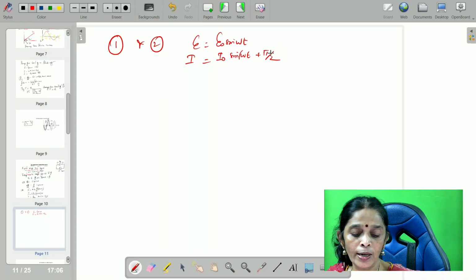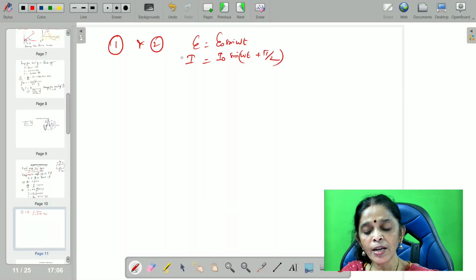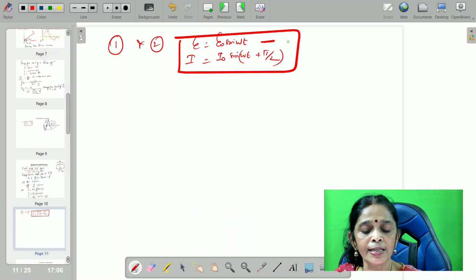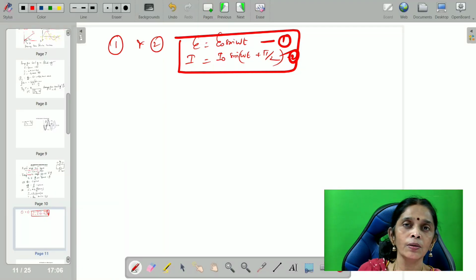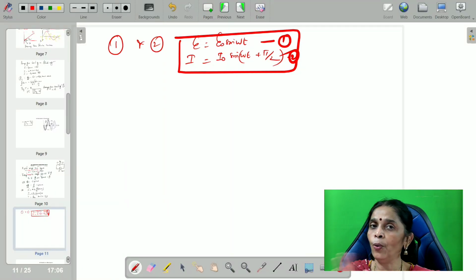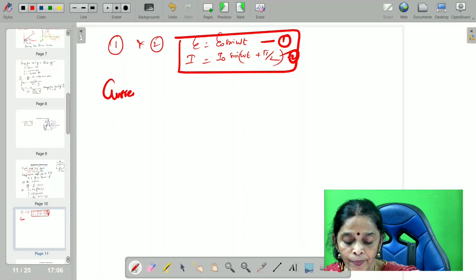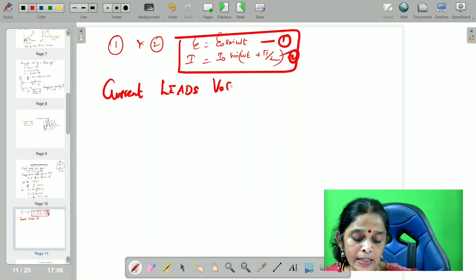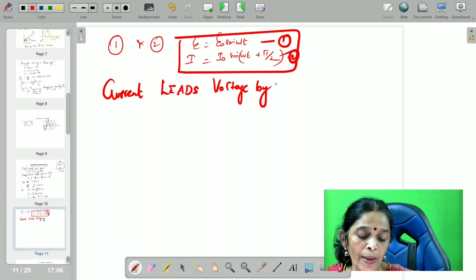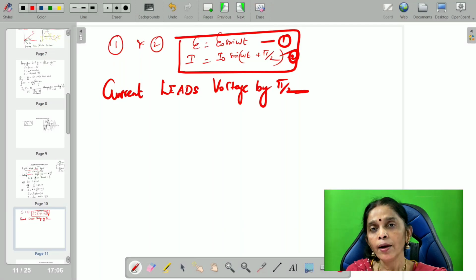So from 1 and 2, what can you understand? Is the current in phase? Is the current lagging? No, current is ahead. Current leads the voltage. Current leads the voltage by what? By pi by 2. Right?